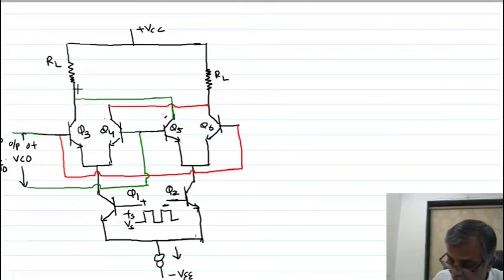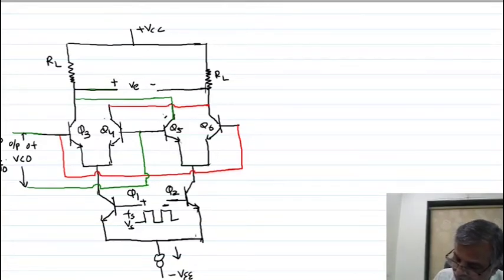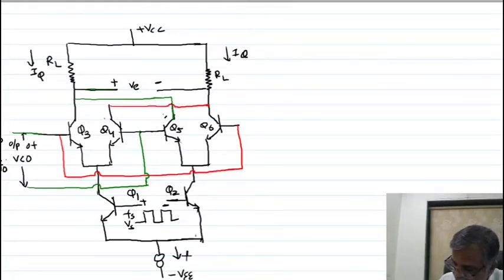I am taking the output voltage at the collector of Q3 with respect to the collector of Q6. This current is, let me say, IQ. This is your IQ. This is IE.